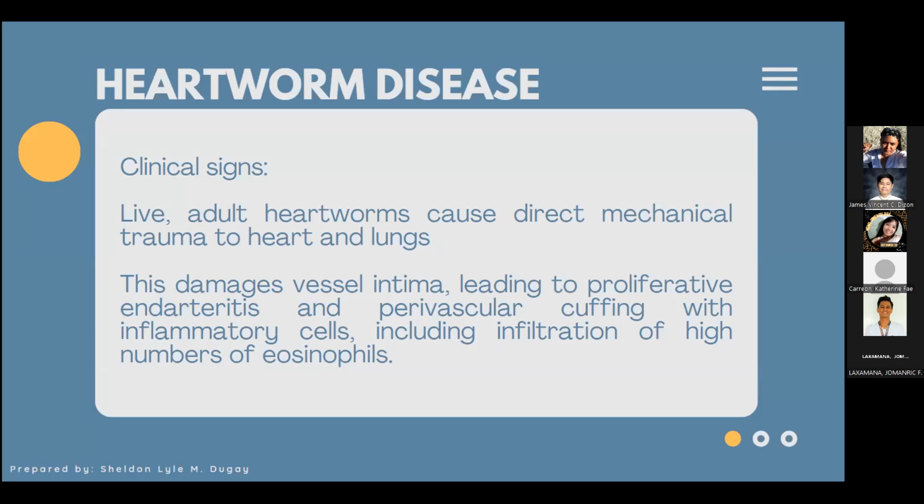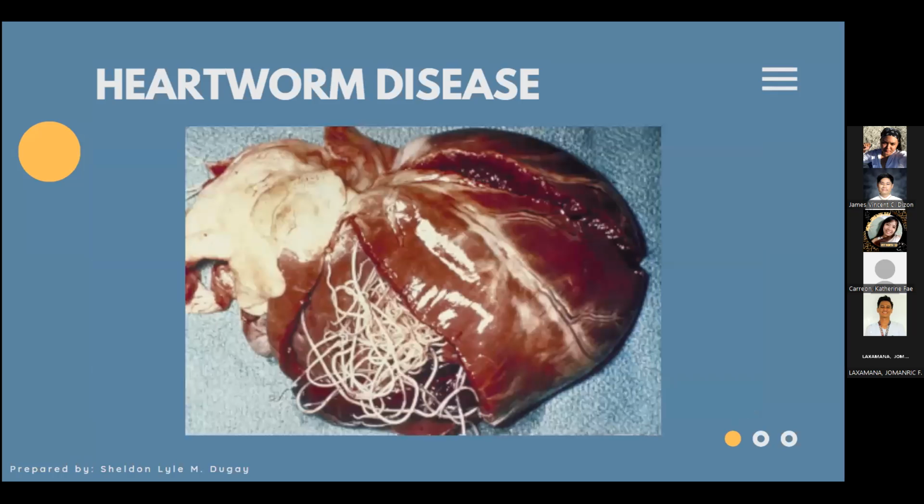Tumataas yung eosinophils kasi expect na natin to sa mga parasitic infections. Kapag nag-check kayo ng CBC, expect nyong tataas yung eosinophils kapag suspected nyo na parasitic yung infection or infestation. And then, ayan, ganyan yung example.